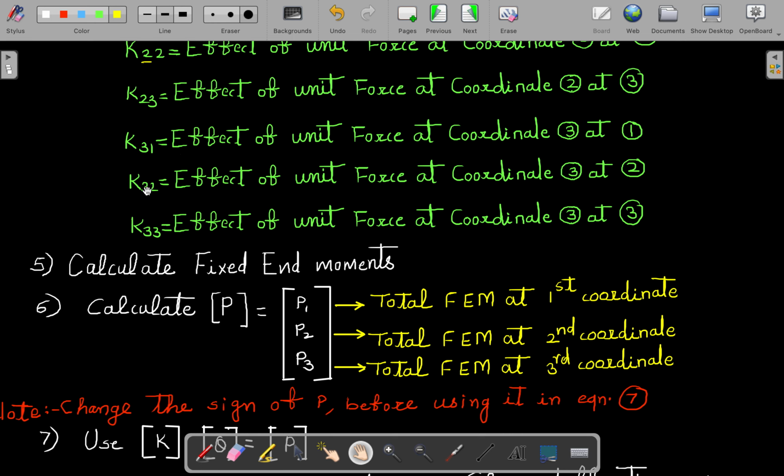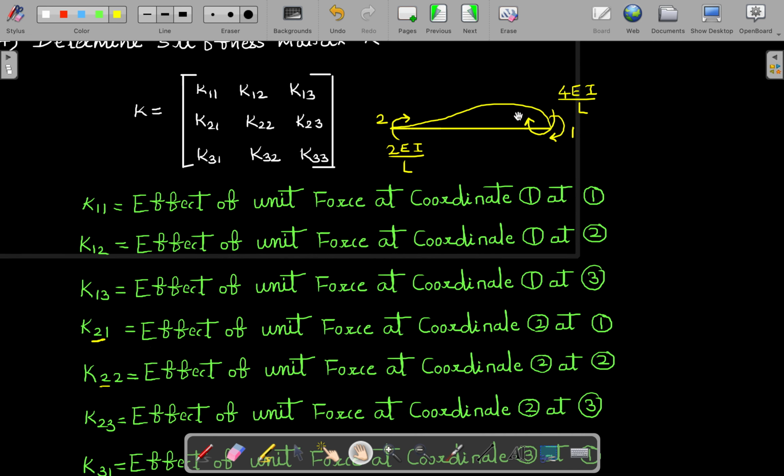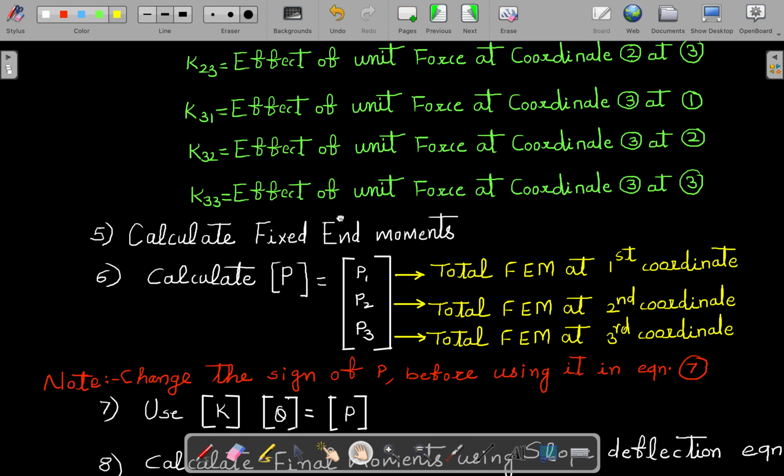And when unit force is acting at 3, its effect at point number 2, and this is K33. Because unit force is acting at 3, what is the effect at place 3? This is the meaning of stiffness coefficients. This is how we are going to get our values, like I have given the example here. Similarly we have to find out all the coefficients.